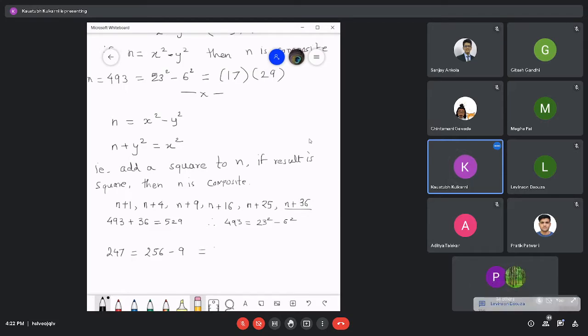So 16 and 3 are not the factors. 16 square minus 3 square, which is 16 minus 3 into 16 plus 3. So the factors are 13 and 19.